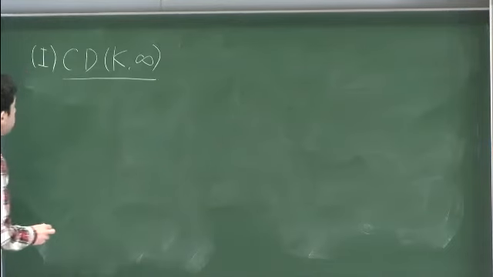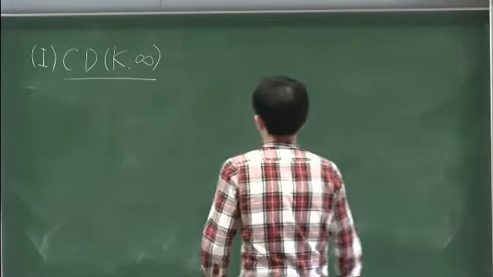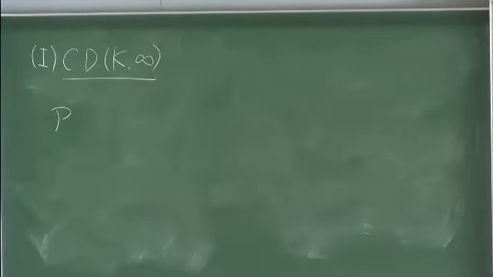To explain this, I need to say something about optimal transport theory. This is a kind of convexity of some function on the space of probability measures.